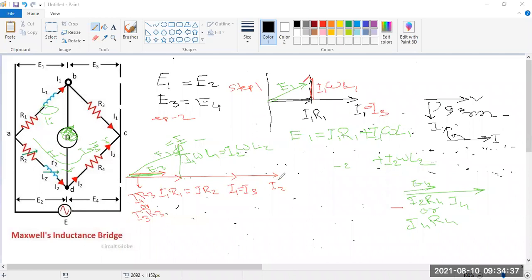After I1 this is I2; sometimes I1 is greater than I2, sometimes I2 is less than I1, whatever we are taking. Now we can put I2 equal to I4, I1 equal to I3. So here is another part, that is this E4.